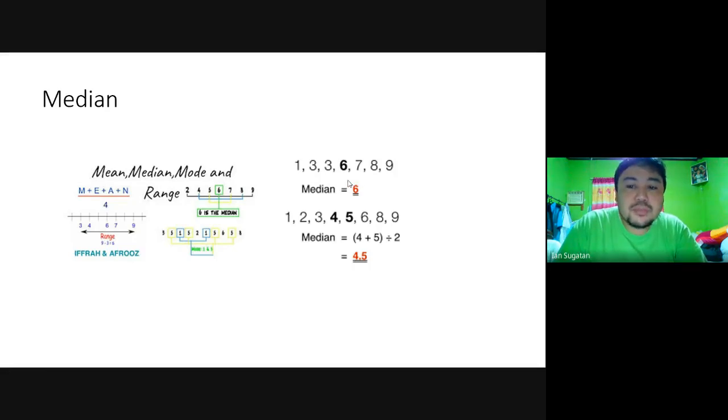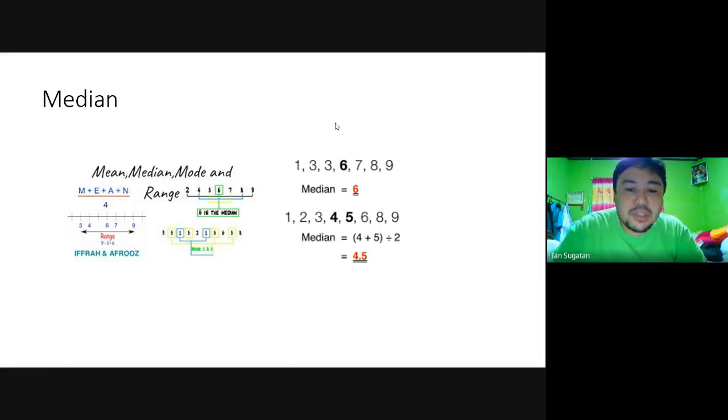There's no 3.5, therefore we use the whole number 4, the fourth number, considering that you rearrange the values in increasing order, starting from the lowest number and going up to the highest. So the median is 6.